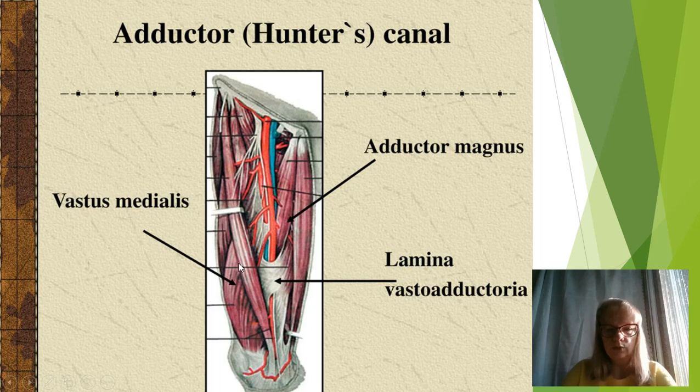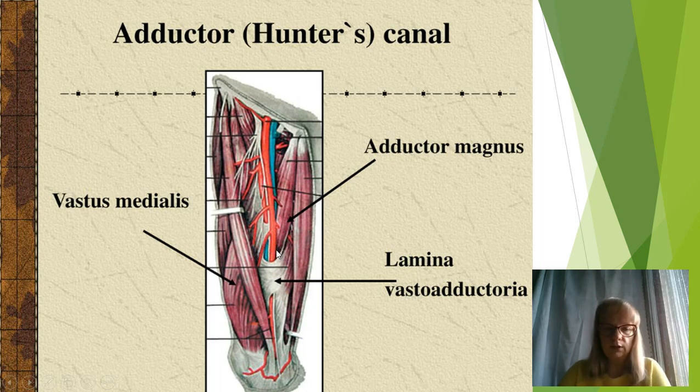The second is the adductor magnus. Adductor longus was higher, for the trigone, and magnus is located lower. Between adductor magnus and vastus medialis we have the lamina vastoadductoria. These are the three borders of the adductor canal.